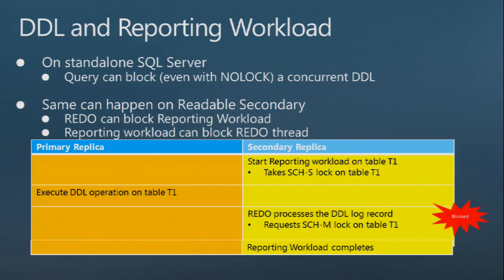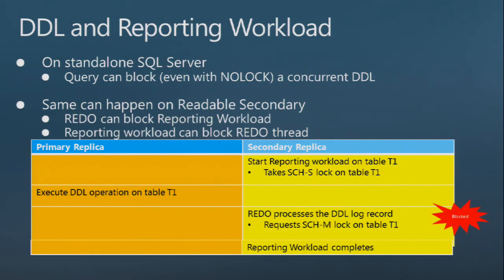When we were designing this feature, we thought about killing the reporting workload automatically. As soon as redo is blocked, we'd say, okay, I'm going to kill the read workload, and the redo moves forward. The problem was, if you were running a reporting workload that is very critical, or your reporting workload was taking half an hour to run and you were almost 29 minutes done, and the blocking happens, and we kill it, it's not a good user story.